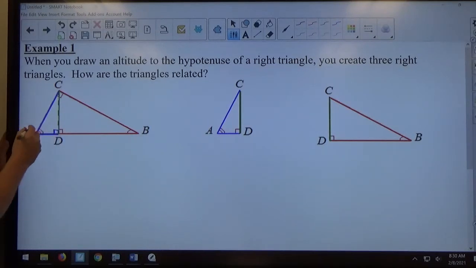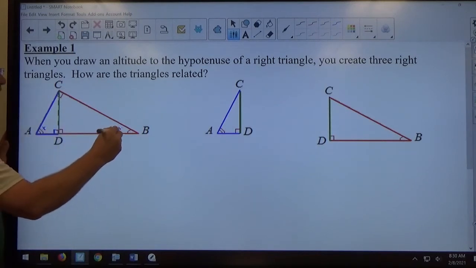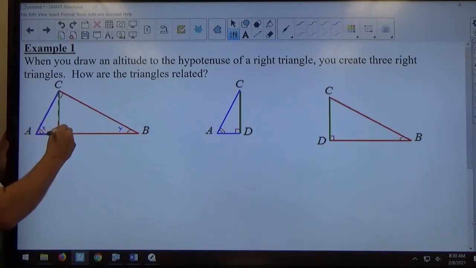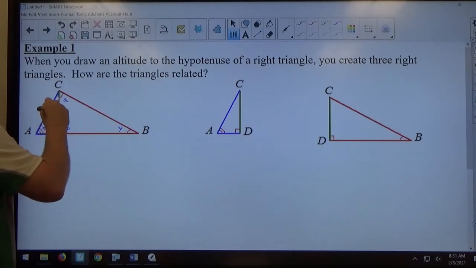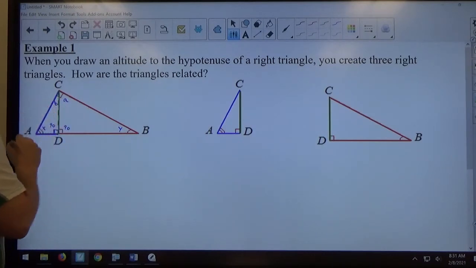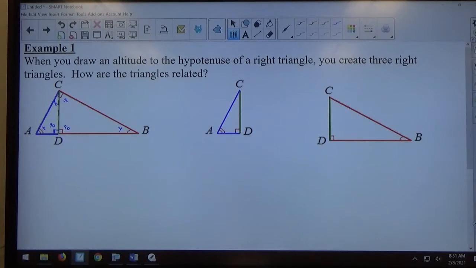So let's just call this X degrees and call this Y degrees. This, of course, is 90 degrees, this is 90 degrees, right? And let's just call this angle up here A and call this angle over here B. All right, so can we all agree that X, B, and 90 add up to 180?